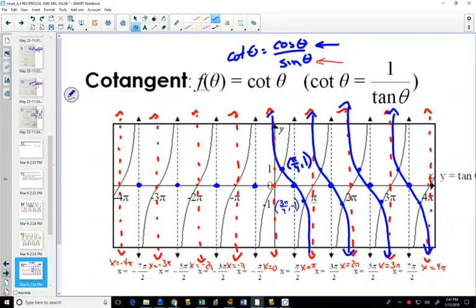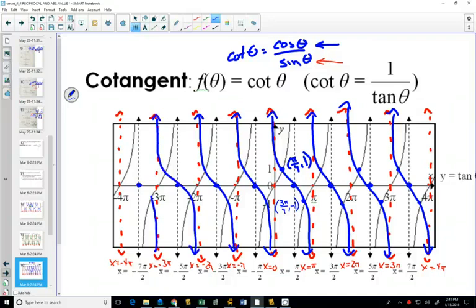And you have your cotangent graph. So we use the idea of reciprocals, of graphing 1 over tan to get most of our graph, except we add those x-intercepts in.